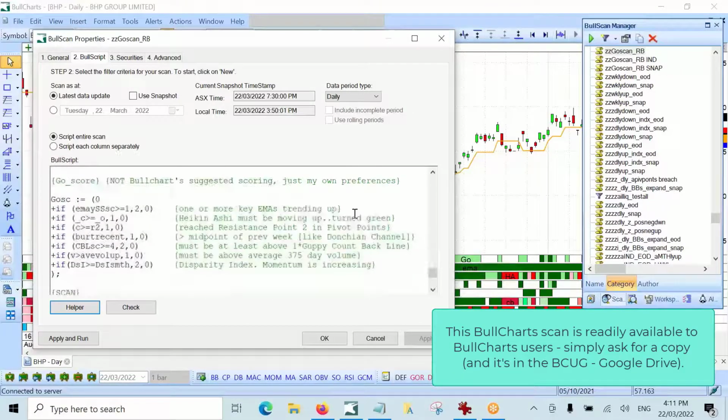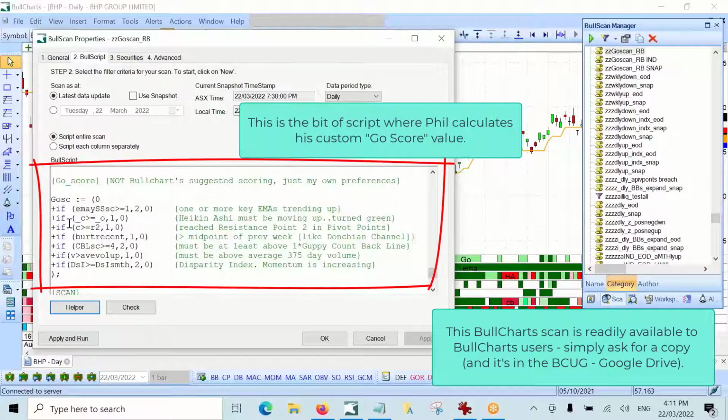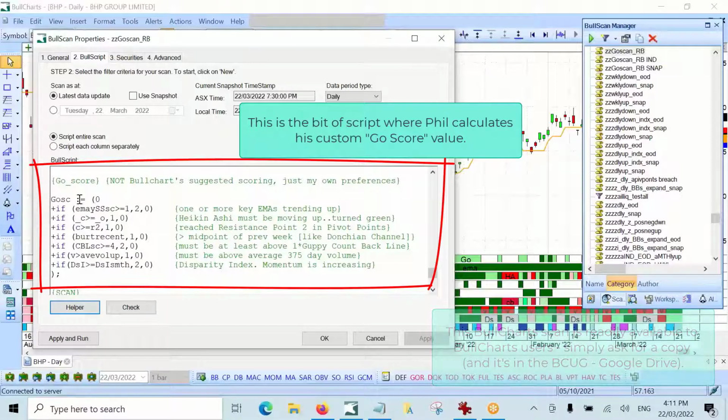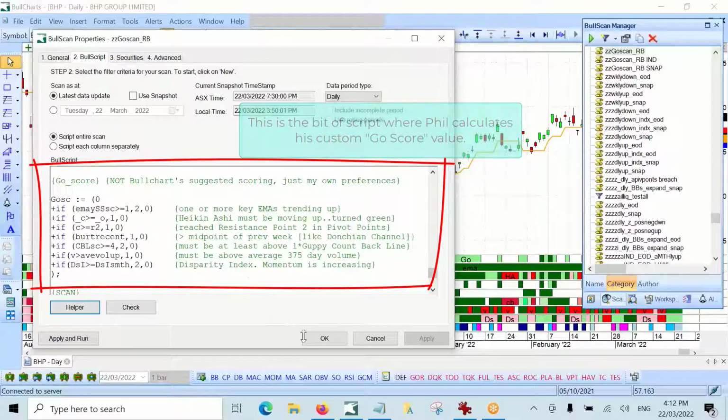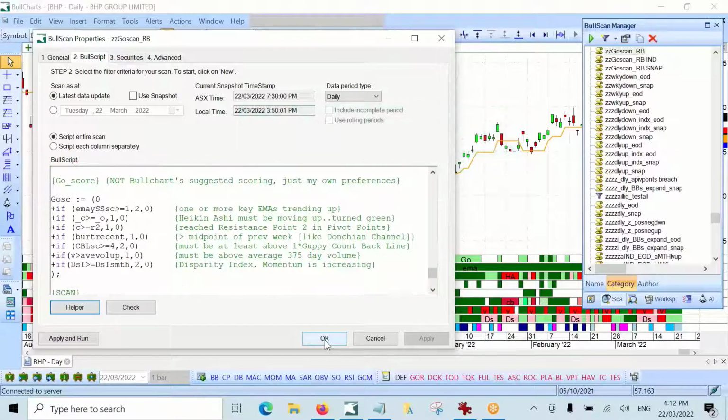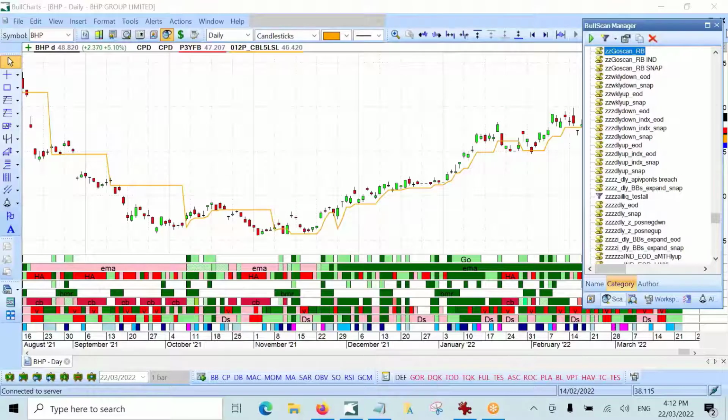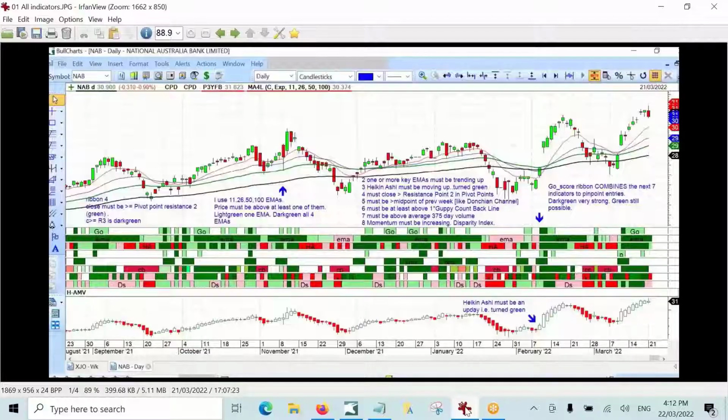And then right at the end is the guts of the business, is where I calculate the Go score out of these 7 indicators. We'll come back to this later. I'll go back to the main slide, which is here. So, as I said, the top line is the important ribbon with the final results.